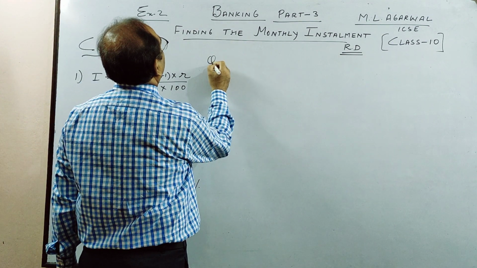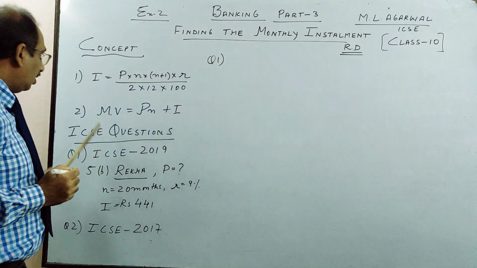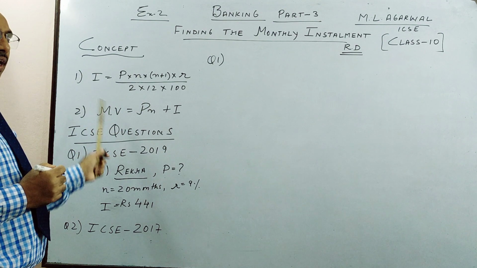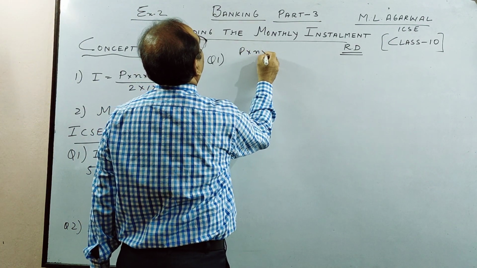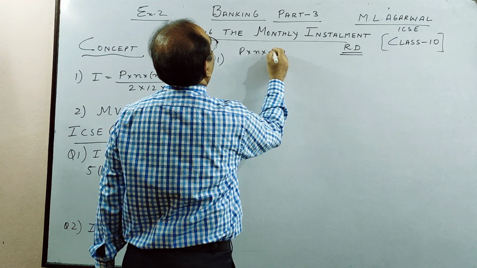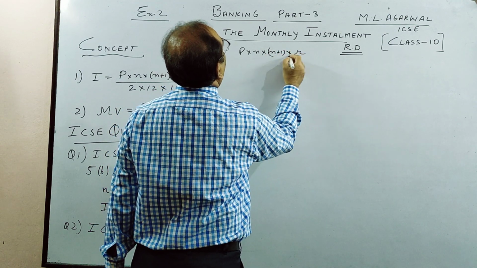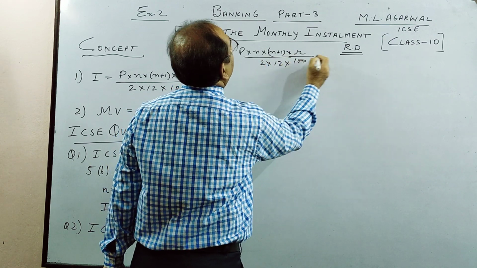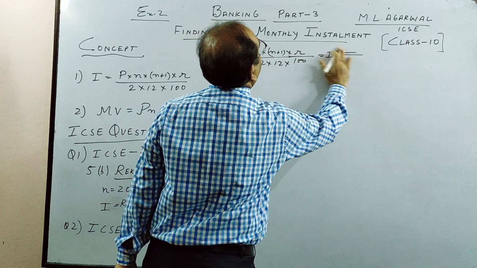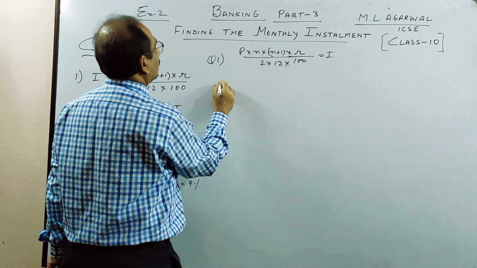So today's question 1, we use this formula just in the opposite way. I write P into N into N plus 1 into R by 100, into 1 by 12, this is what I is. So let us substitute.